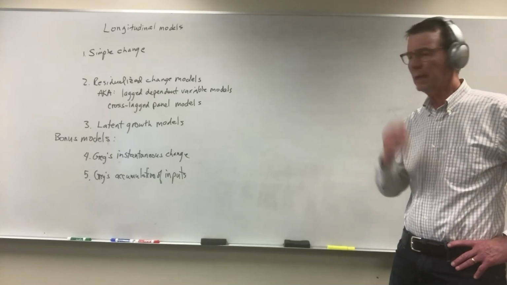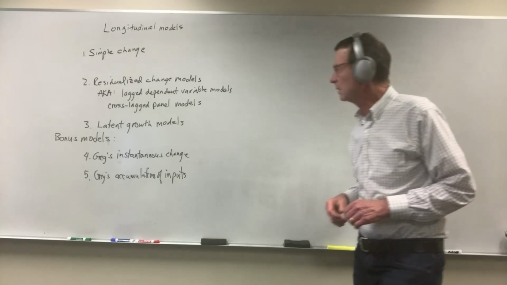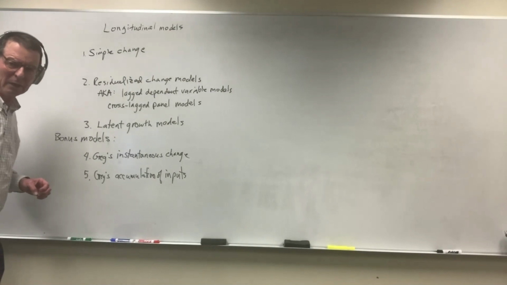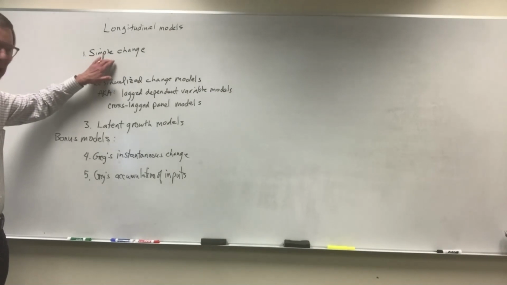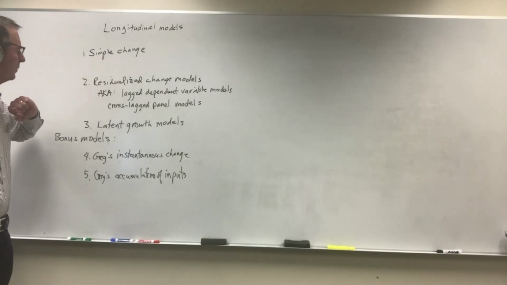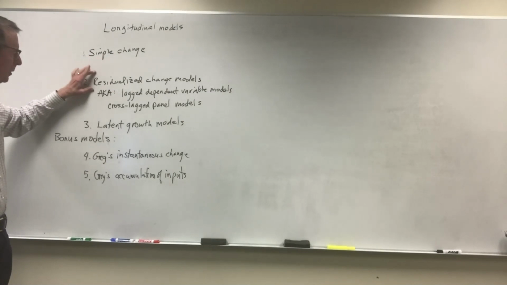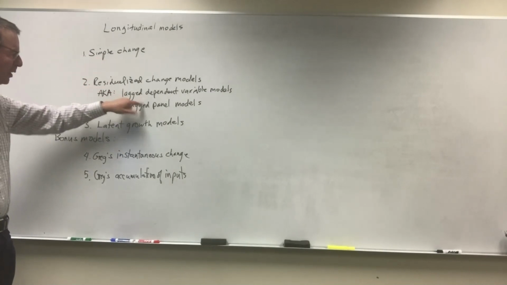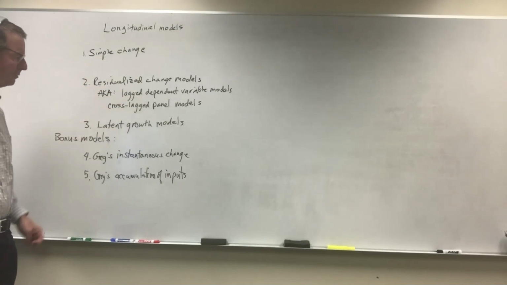All right, so I tried to list some of the models that are out there. Simple change is the most direct one. There's something called a residualized change model, which is also called a lag-dependent variable model, sometimes called a cross-lag panel model.